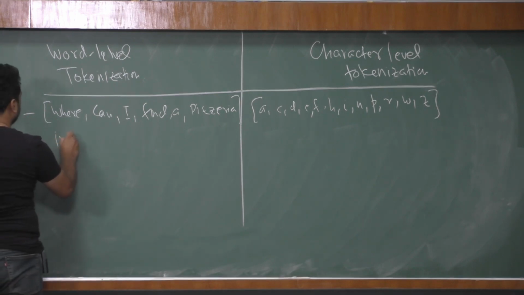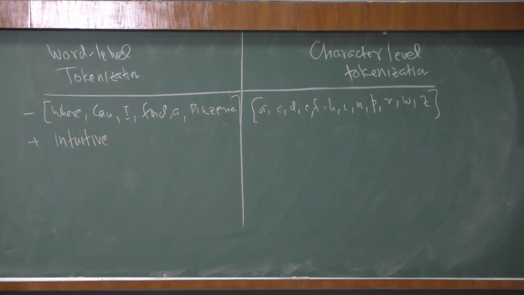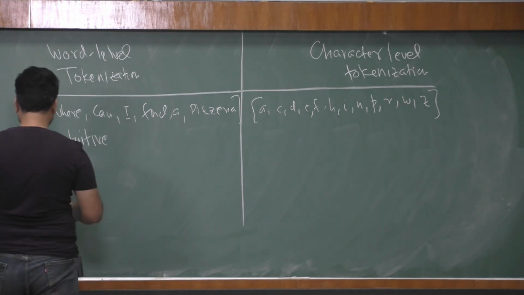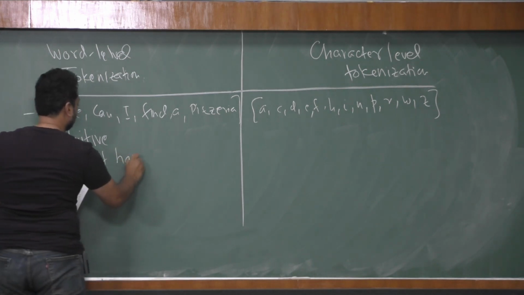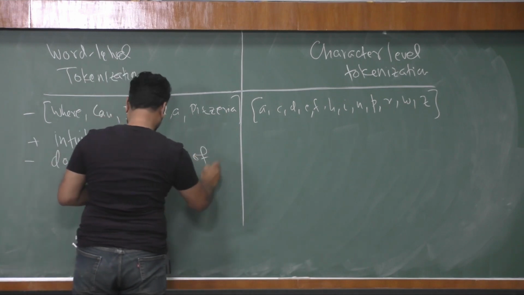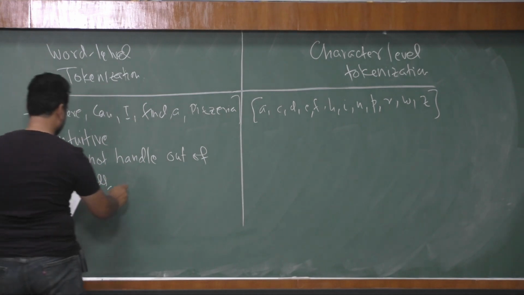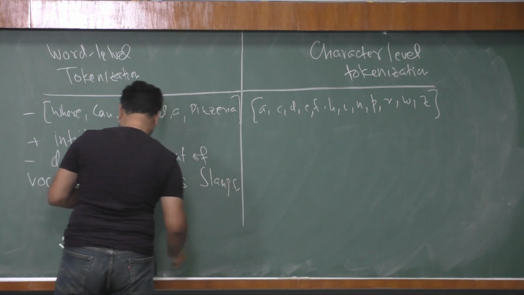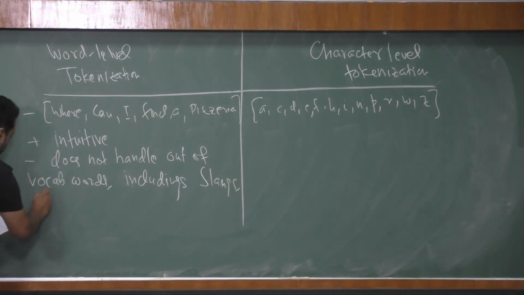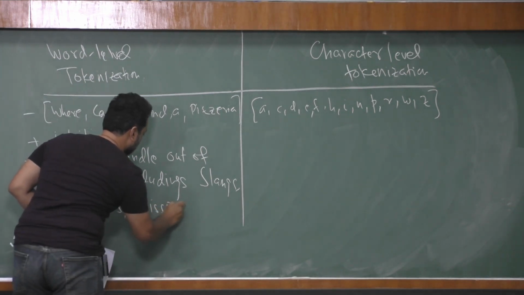In this case, word level is more intuitive, because we usually understand words, and they have meanings as well. The negative is that it does not handle out of vocab words, including slangs, or let us say play on words or misspellings.